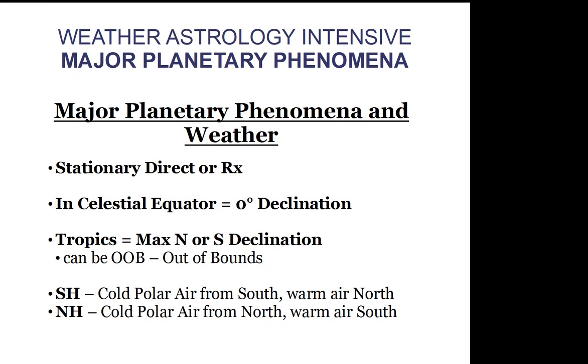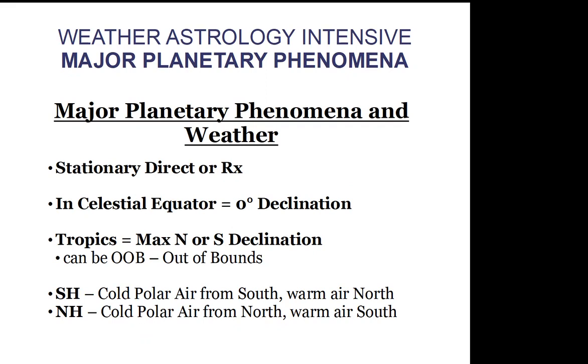Their cold polar air comes from the north because that's where the North Pole is, or the Arctic. Different names for the same thing. And relative to them, the equator is in the south. So like we build our house north facing to catch the sun, in the northern hemisphere they build their houses south facing to catch the sun.